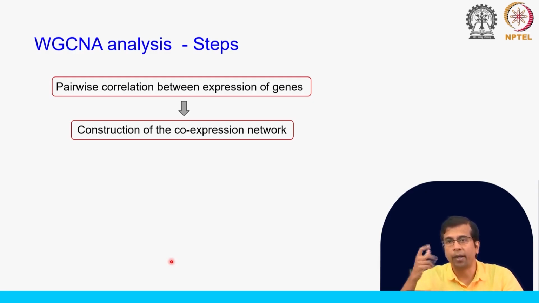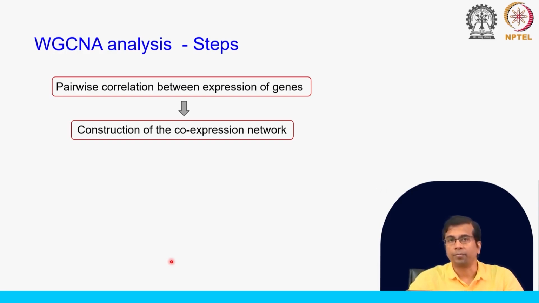Imagine we color code this correlation matrix in blue and red, red meaning high correlation. You can see these clusters or modules, subsets within that big matrix that are showing very high correlation. So the idea is that we pick out those subsets from that pairwise correlation, and we construct the co-expression network.